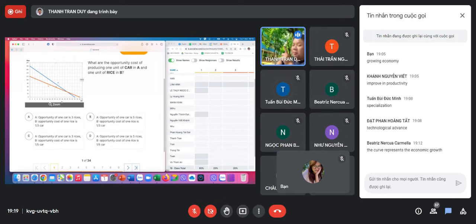So the opportunity cost of one car is 3 rice in country A or B? A, teacher.